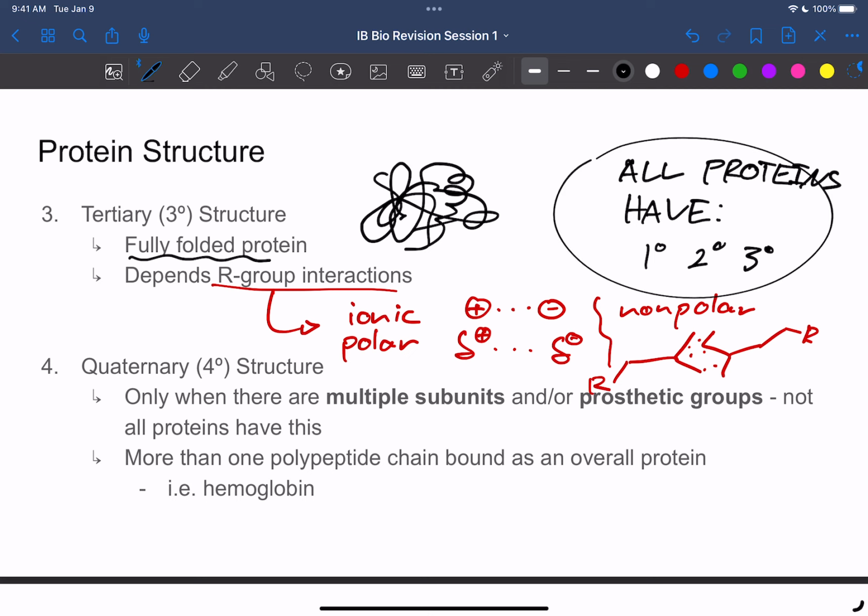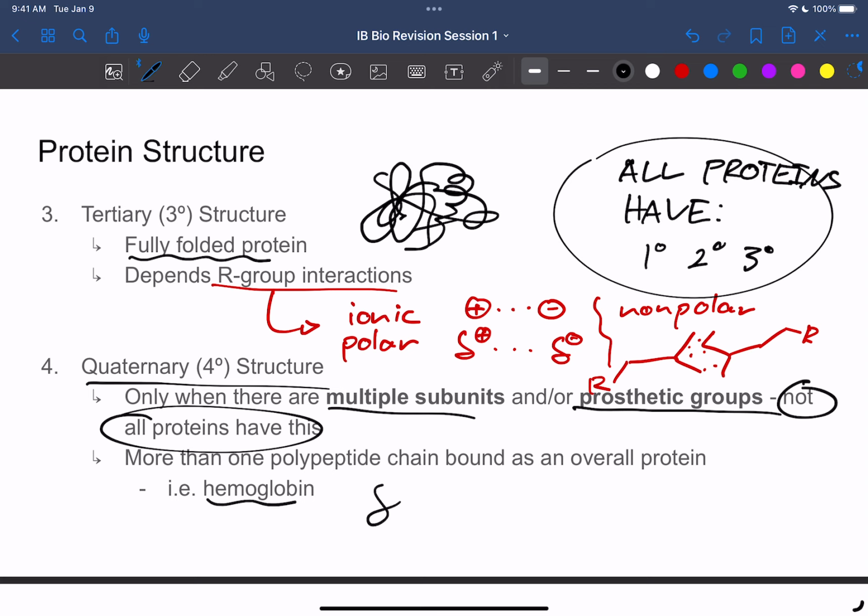Now, this is the one that not all proteins have, and this is quaternary structure, or 4 degree symbol. This is whenever proteins or tertiary structures have multiple subunits to them, multiple different monomers, or when a protein has prosthetic groups. So a really good example of this is hemoglobin. I'm just going to do this in different colors.